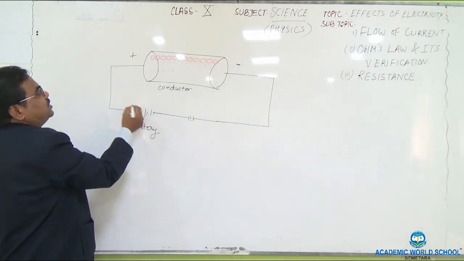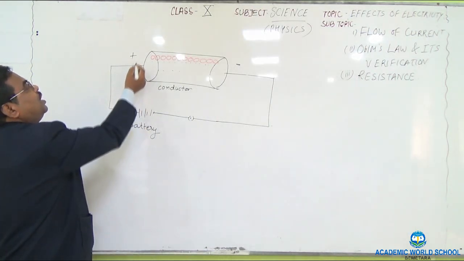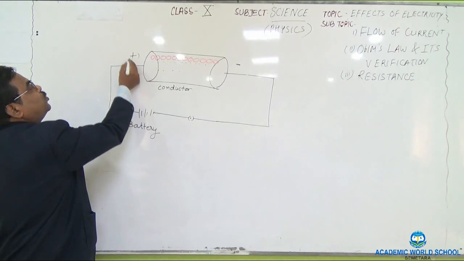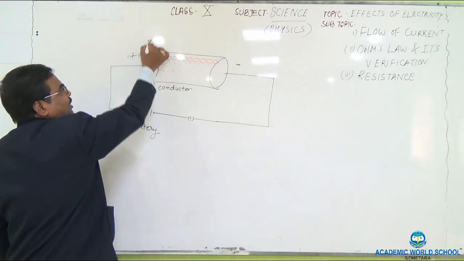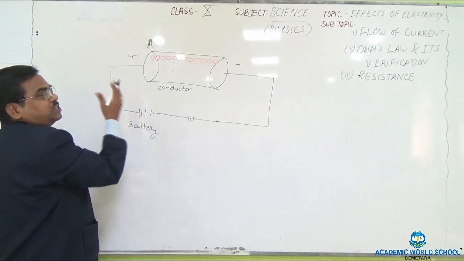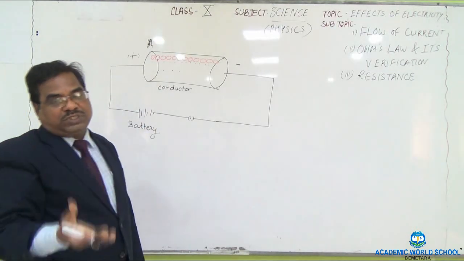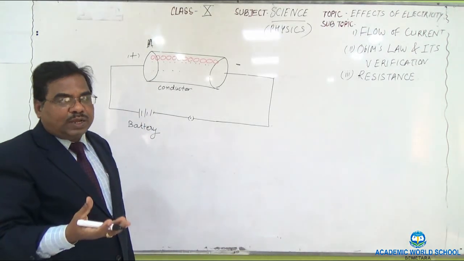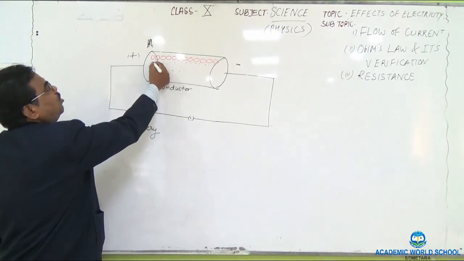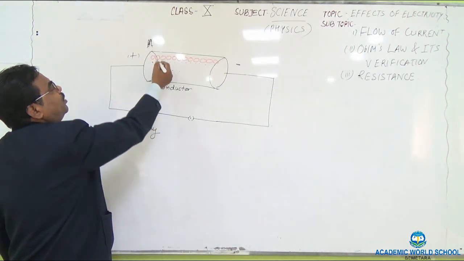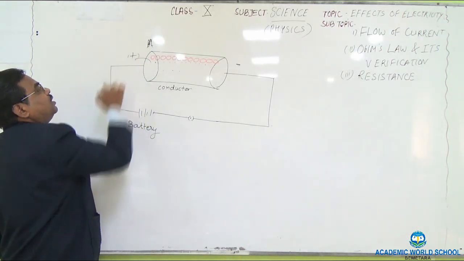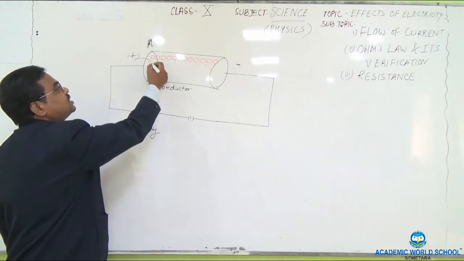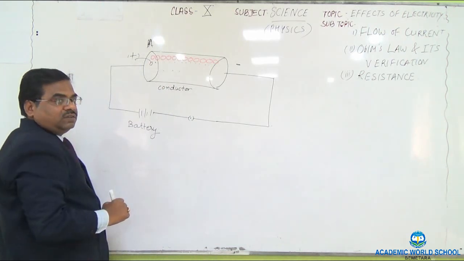What happens? The positive terminal applies a positive potential at one end A of the conductor. Because of this positive potential, you all know positive charges attract the negative. Electrons, these dots I have represented, are attracted towards the positive terminal, and a vacancy is created.